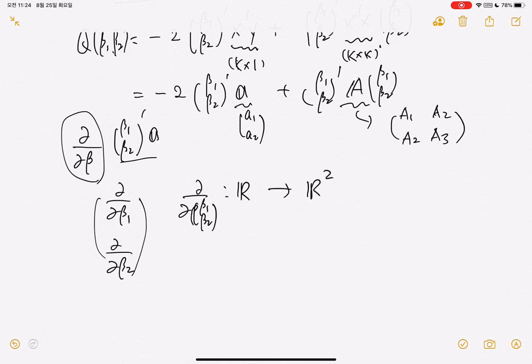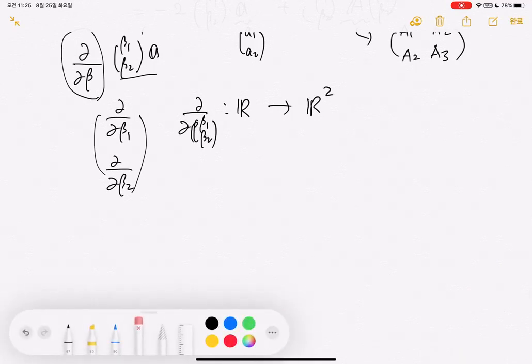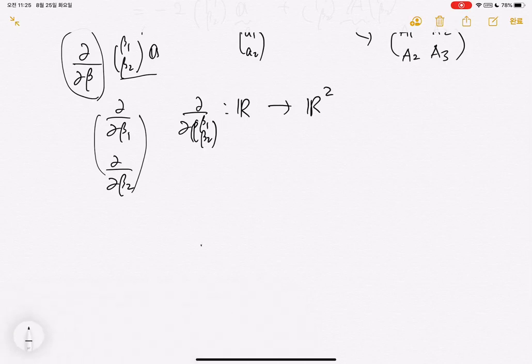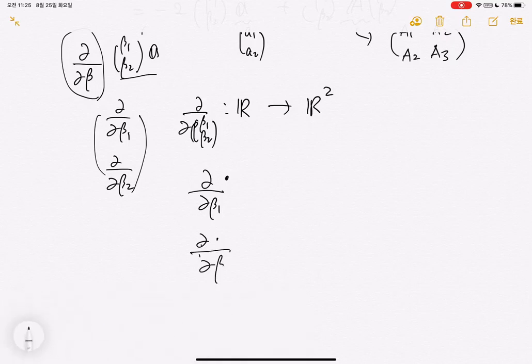Okay. And the working of this one is this: partial of some function over partial beta 1, partial of the function over partial beta 2.